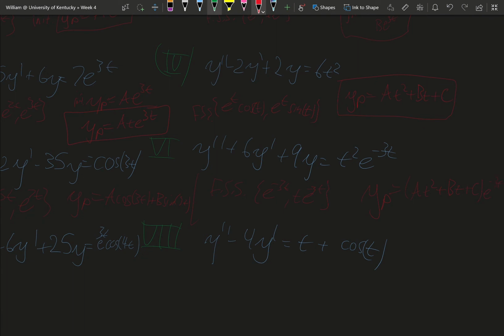But note, both of these terms belong to our solution. So to make sure that none of the terms belong to it, rather the term bt times e to the negative 3t, t times e to the negative 3t is in here. So to get around that, our final guess is going to be t squared times that.